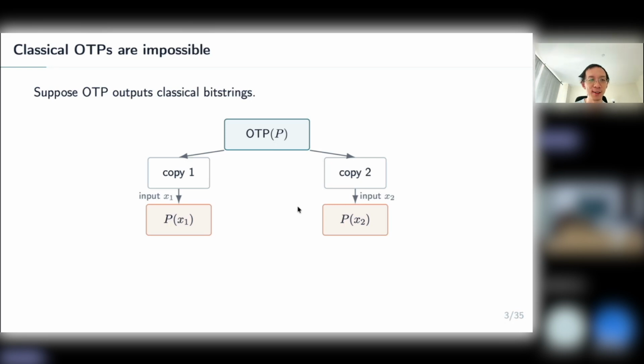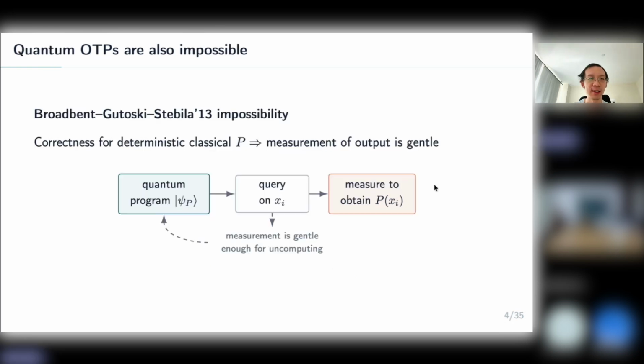And because this is a quantum talk, you might anticipate that the no-cloning principle will come to the rescue. If you have no-cloning, then it will mitigate this attack. But it turns out, by the work of Broadbent et al. 13 years ago, who also realized that even if you use quantum information to do one-time programs, they are still impossible for a lot of functionalities.